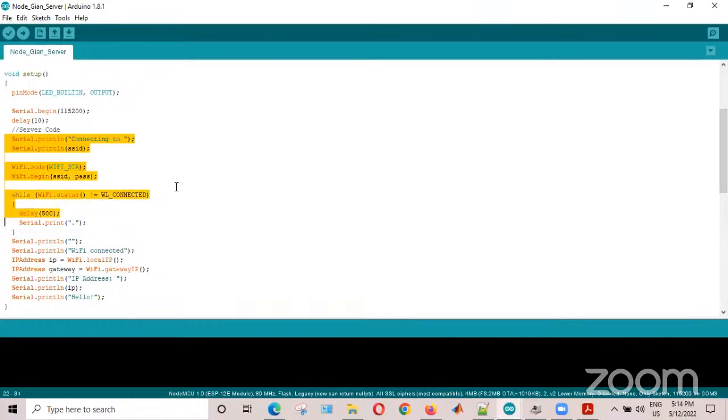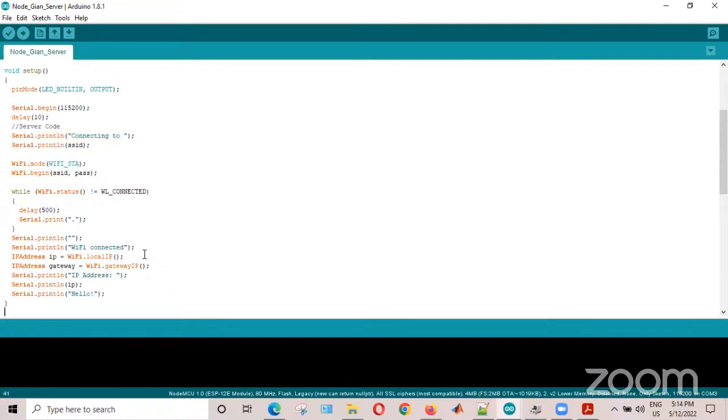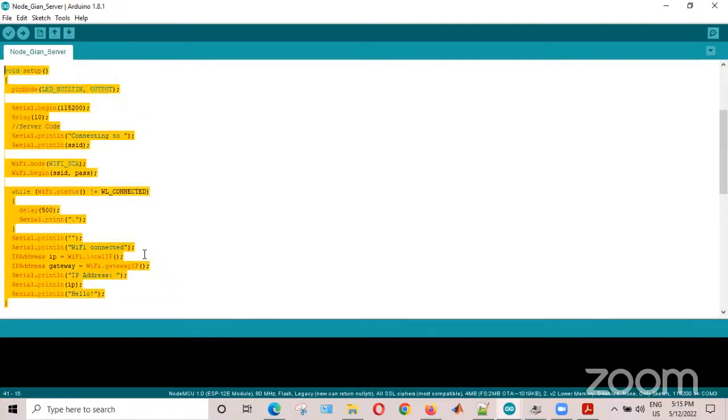I have provided my Wi-Fi password and the name of my Wi-Fi. After connecting, if it is connected successfully, it will tell me that it is connected, and it will give me the IP address. This is the only work of the setup function. It will run only once.